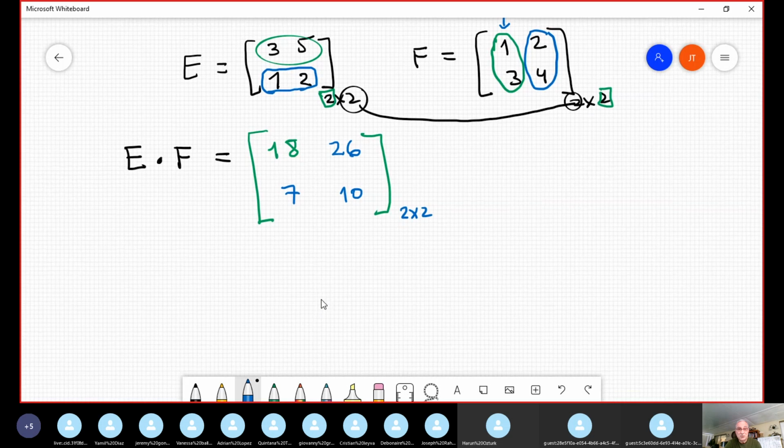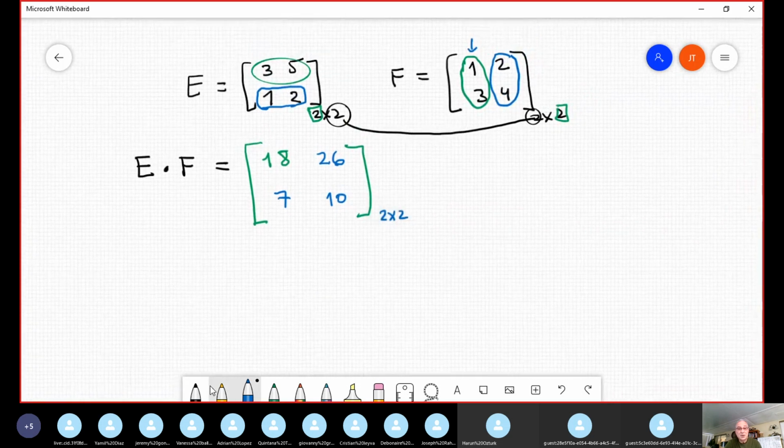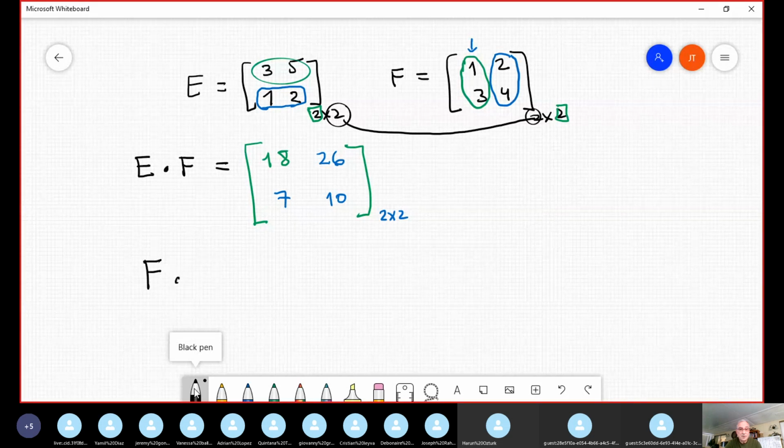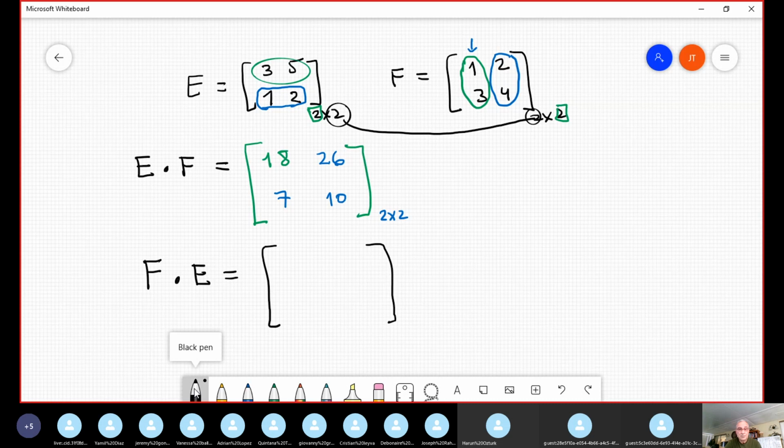Suppose I perform a multiplication in a different order. Suppose I want to do the operation F times E. You multiply F times E, switching the order.